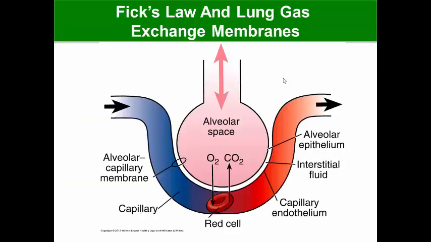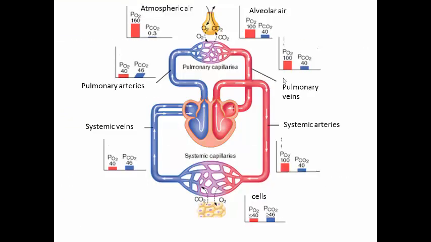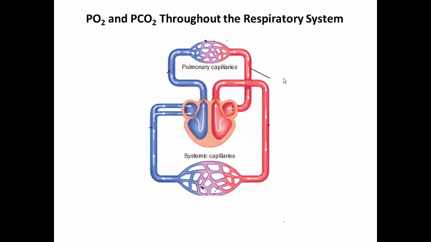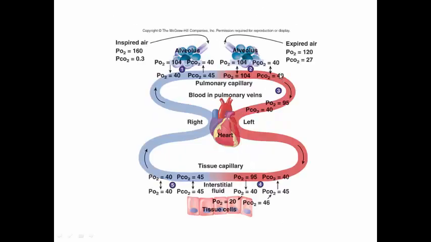This is what we mentioned here in this slide. Here the partial pressure of oxygen is from 100 to 105 millimeters of mercury, while in the blood, which is now going to the left atrium and then going to the tissues, the partial pressure of oxygen is 95. So there is a decrease.